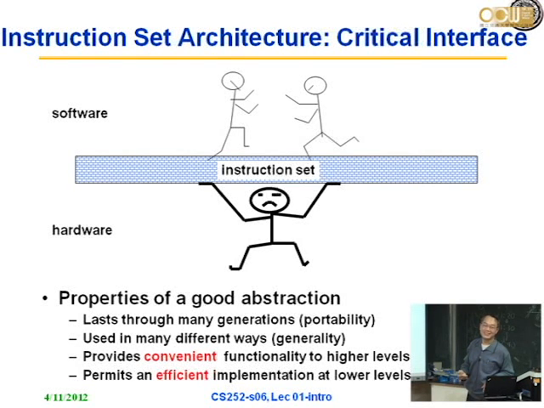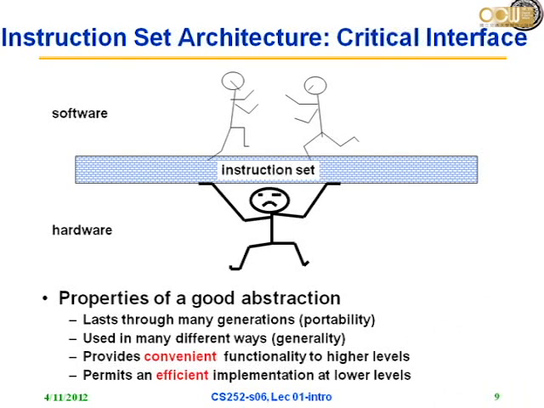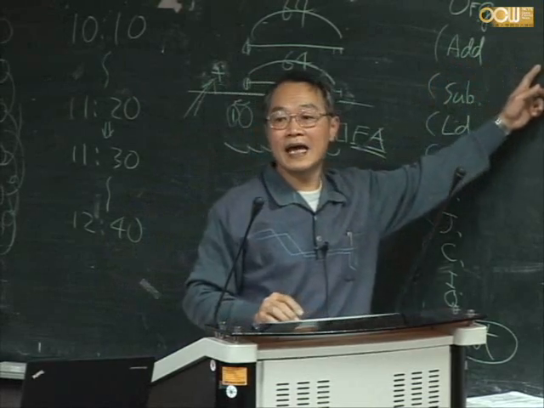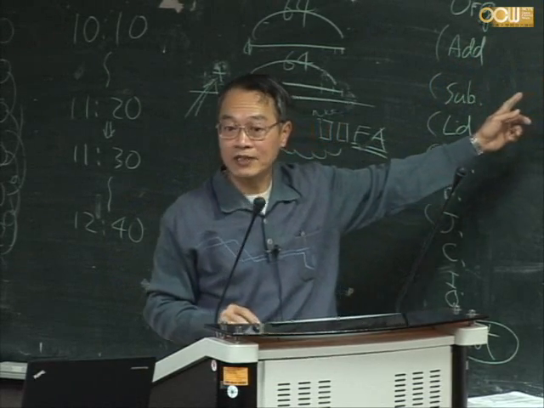Simple ones, right? Easier to use. So how to provide convenient functionality to the higher level? Make the instructions in the instruction set easily usable by the compiler, and permit an efficient implementation at lower levels. For the lower levels, as I just told you, all the instructions may be limited in functionality, designed so that they will go through the same instruction life cycle for easy pipelining.